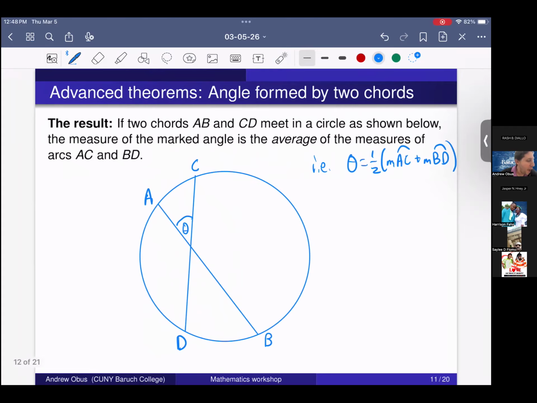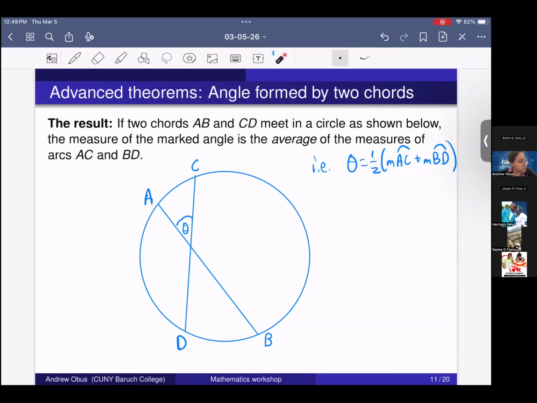This is how you figure out the measure of an angle formed by two chords. You take the average of the arc measures on the opposite sides. Again, this is definitely not obvious.